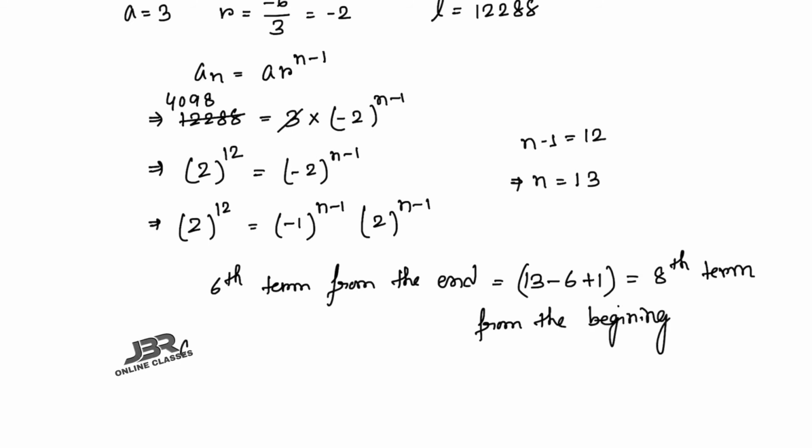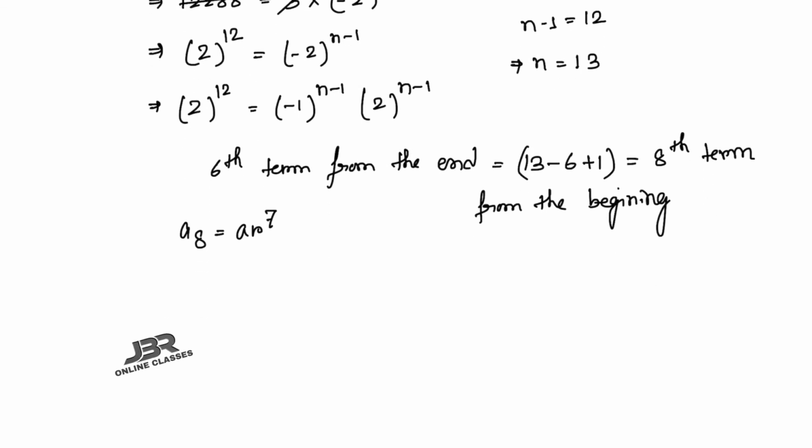As you have to find the eighth term, a times r to the power 7, where a equals 3 and r equals minus 2. So 3 times (minus 2) to the power 7, which equals minus 384 as your answer.